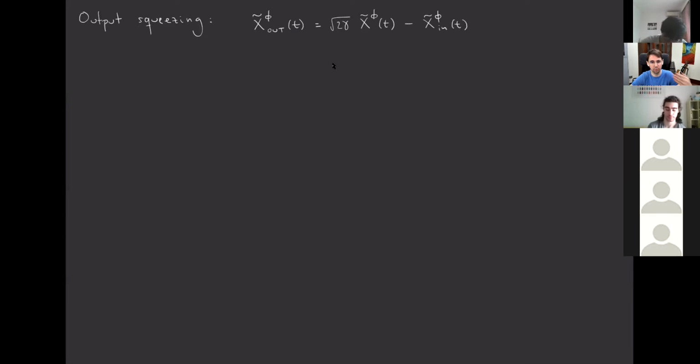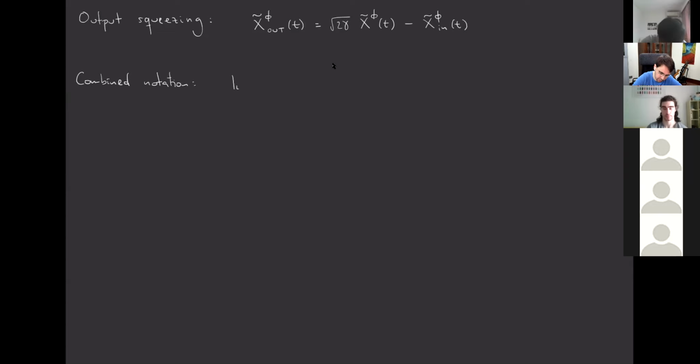Okay, this is just the input-output relations, but for the quadratures instead of for the annihilation operators. Then I will use a combined notation both for the position and momentum quadratures.